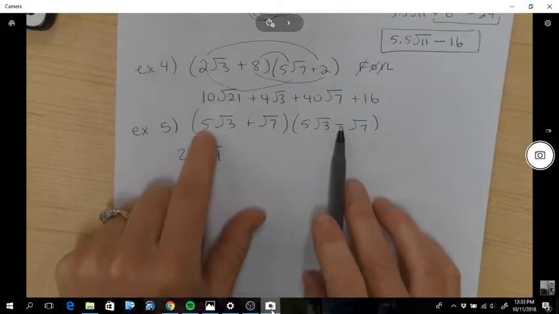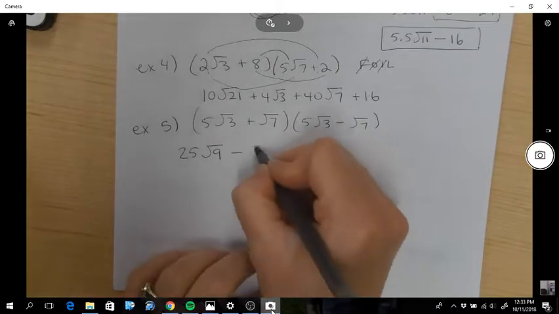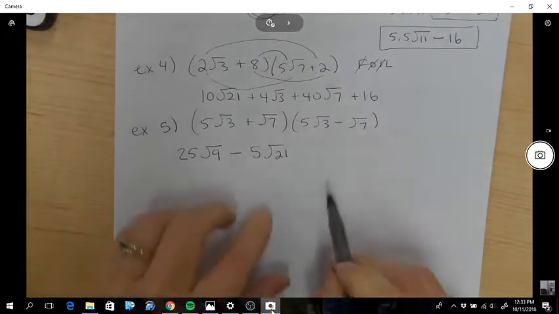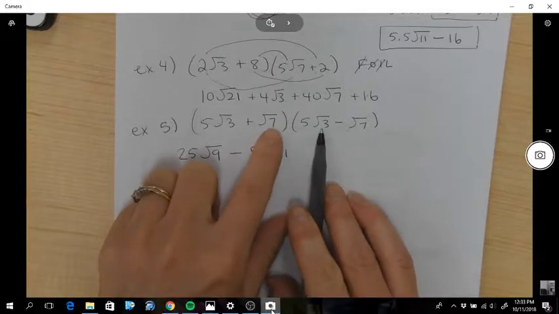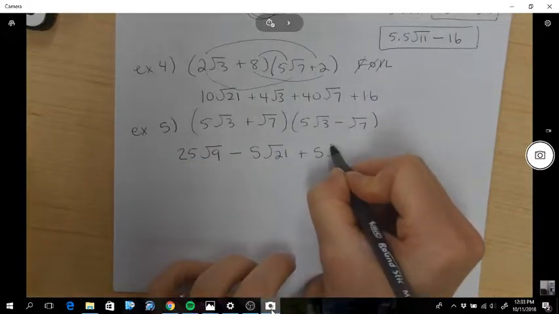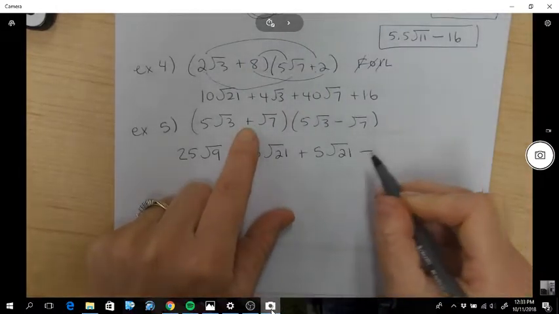Outsides, negative 5 is in the front, root 21. Insides, positive 5, root 21. And the last, positive times negative, is negative.